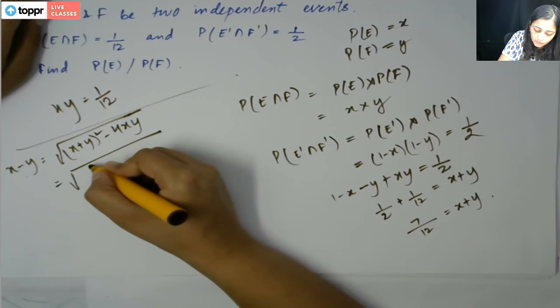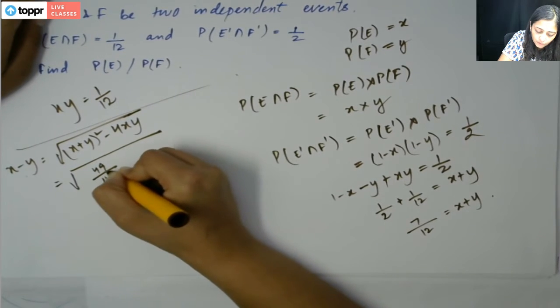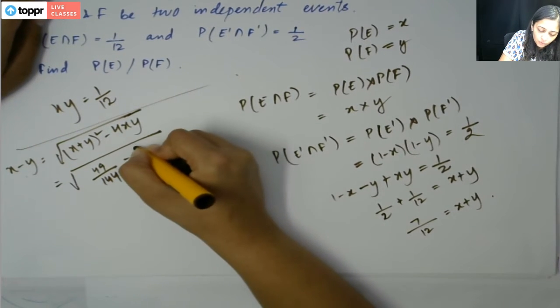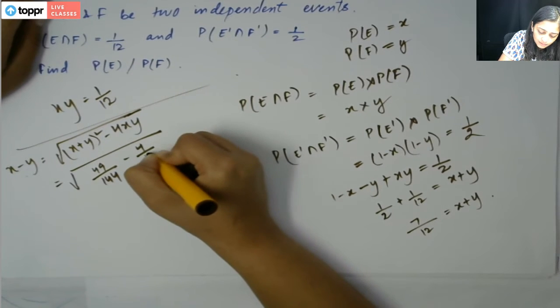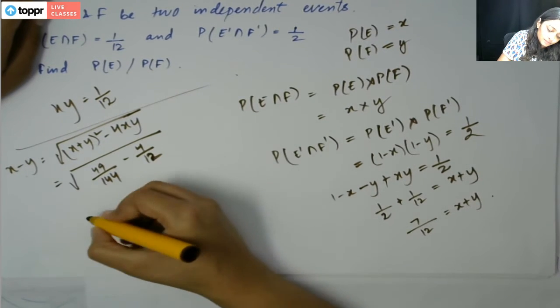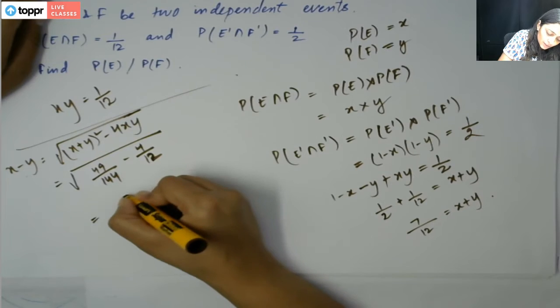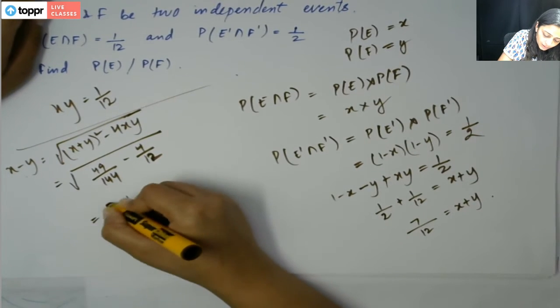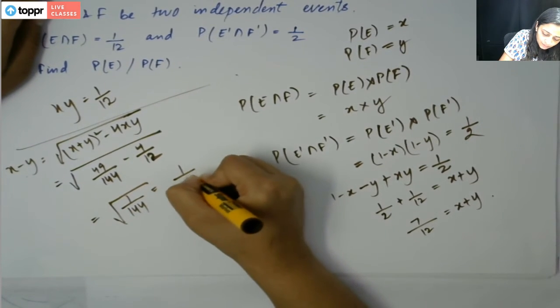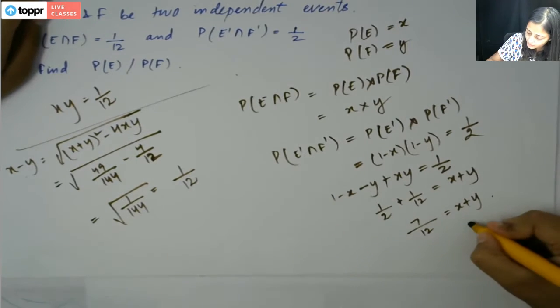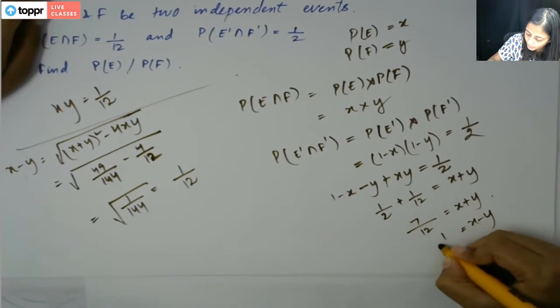So (x plus y) whole square is 49 by 144, and 4xy is 4 by 12. So this is equal to under root of 1 by 144, or 1 by 12. So we get x minus y equal to 1 by 12.